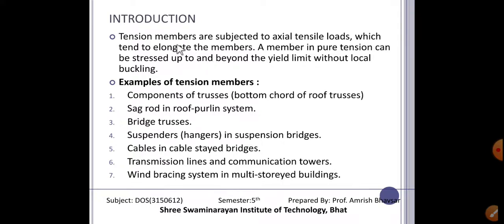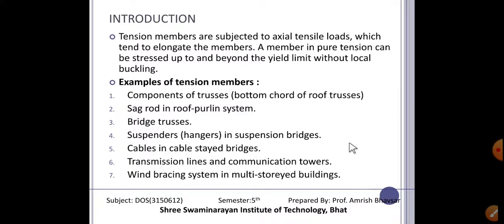Means whenever our member is acted upon by the tensile force, then we have to design that member up to its elastic limit or beyond its elastic limit, means it is up to Fe 410, means Fu is equal to 410, right, without buckling. That is the design part.